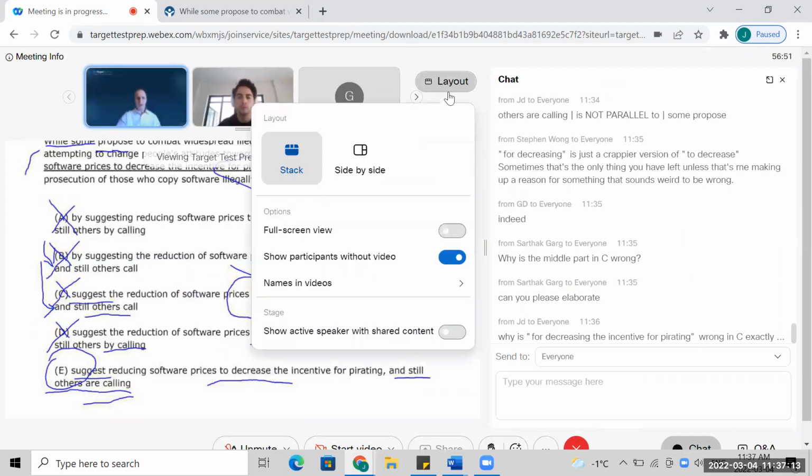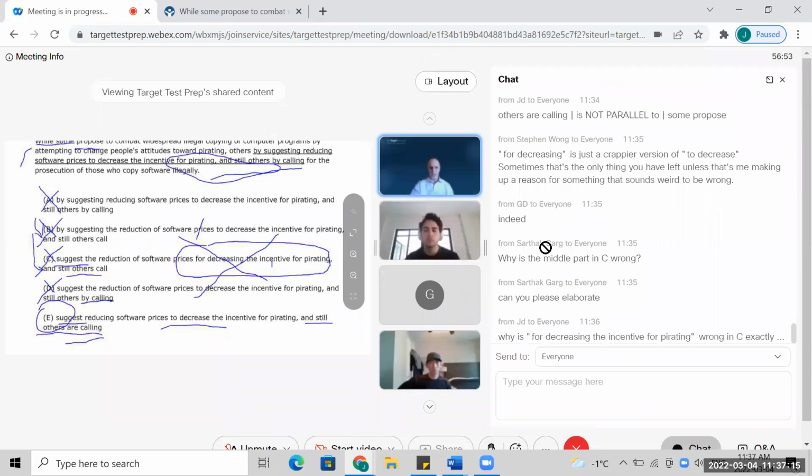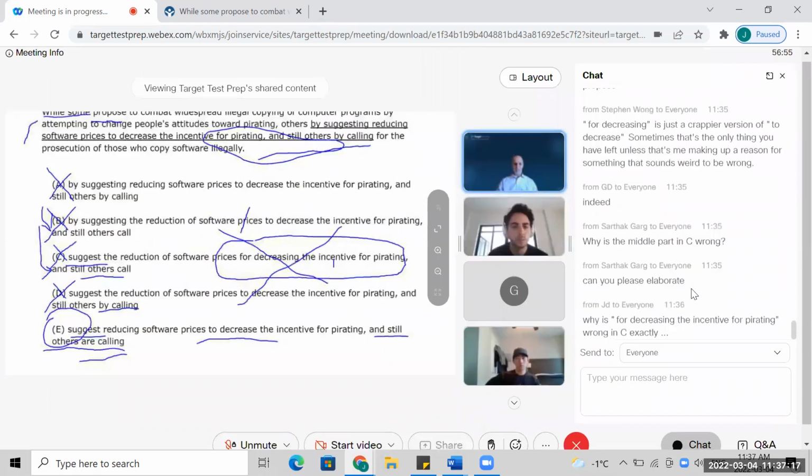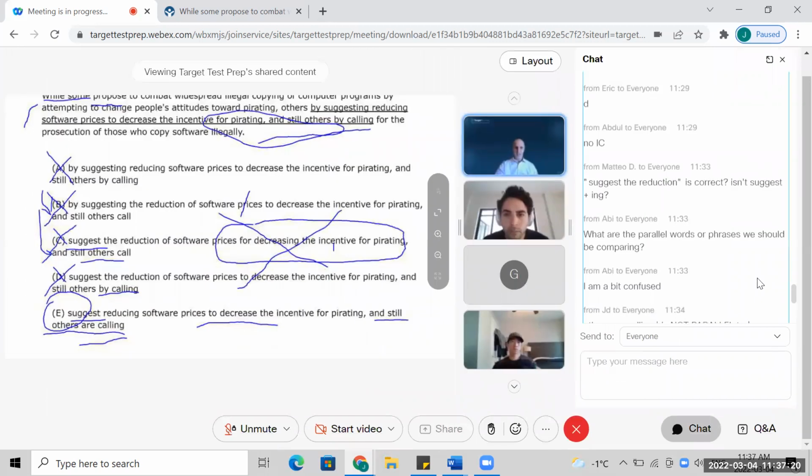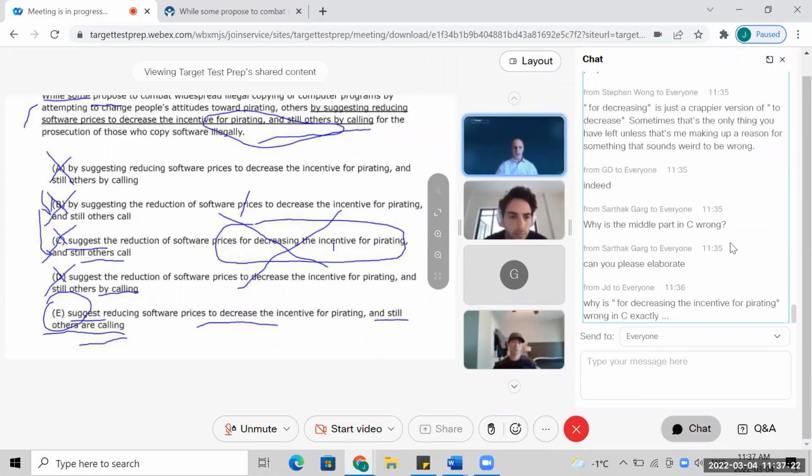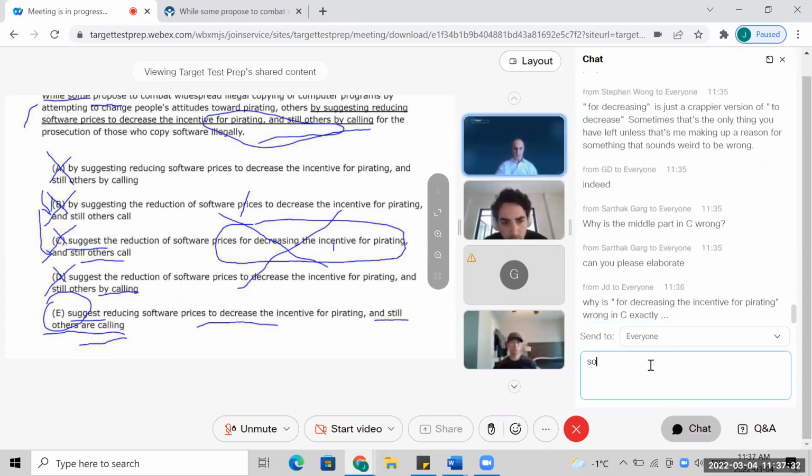Suggests the reduction of software prices for decreasing. We have a modifier issue. It basically is saying that the software prices are for decreasing incentive. You don't suggest the reduction of software prices for decreasing the incentive. They're not prices for.